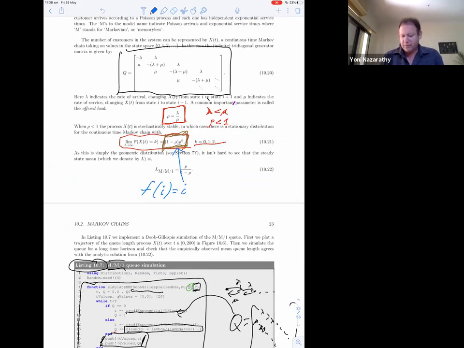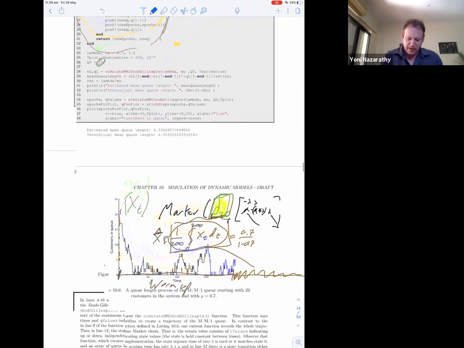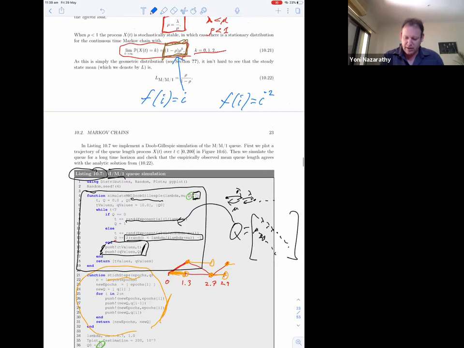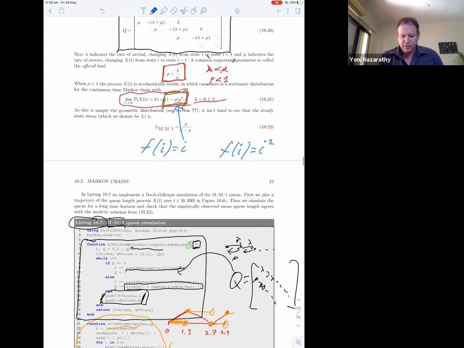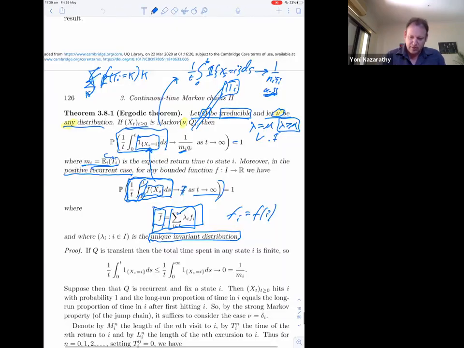But you can also have some other cost function, where f of i equals i squared. Say that you're paying for customers in a squared manner. Then what you get here is the second moment of this geometric distribution. And you don't need to run the simulation for it, you have it directly from this ergodic theorem.